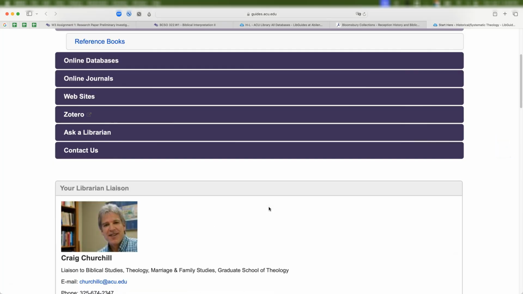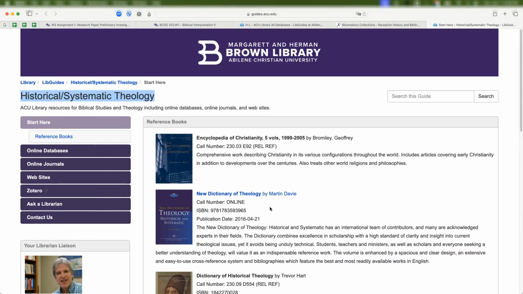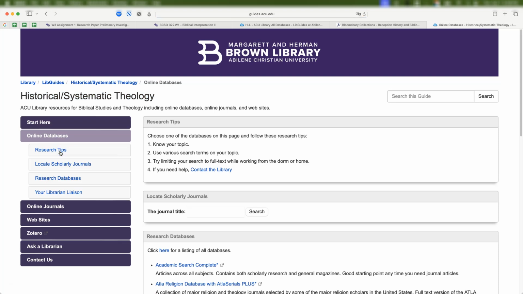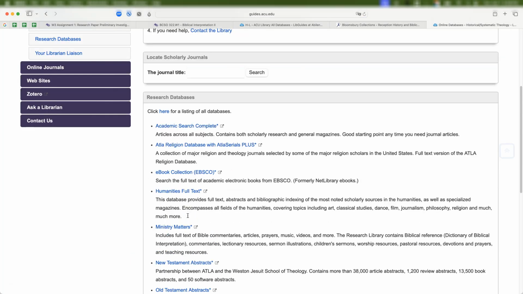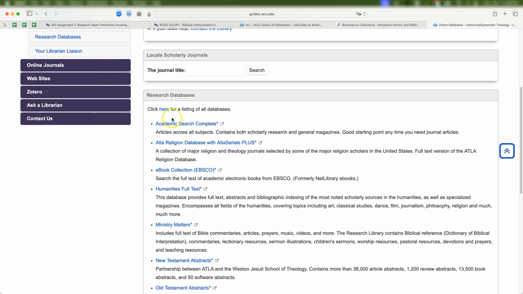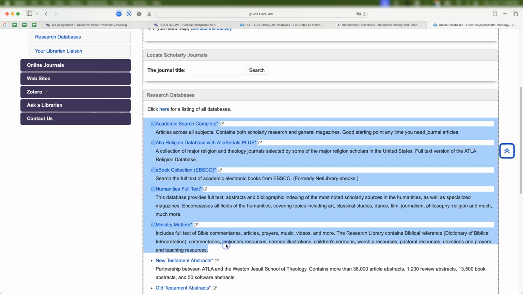But what if you are looking not for a reference book, but you want to find scholarly journal articles? Now, let's differentiate between online journals, which collect articles, and what we want, which is to search and find specific articles here. And so here we have some databases that will enable you to access stuff.